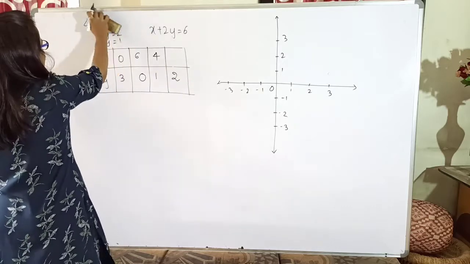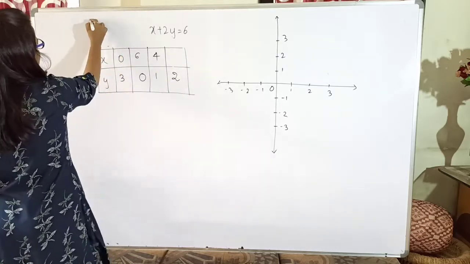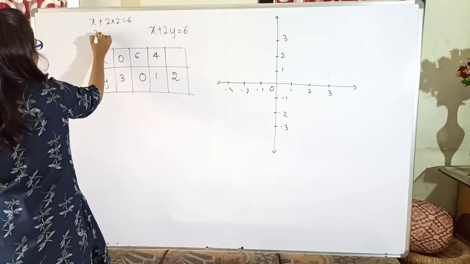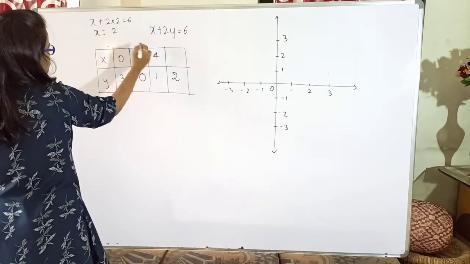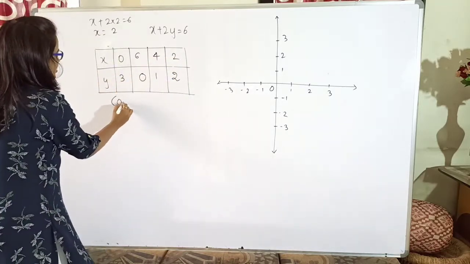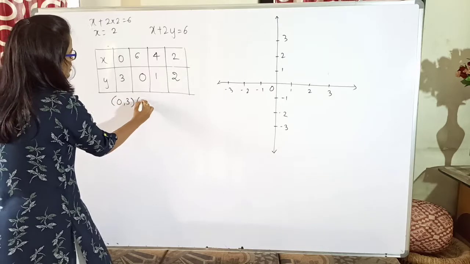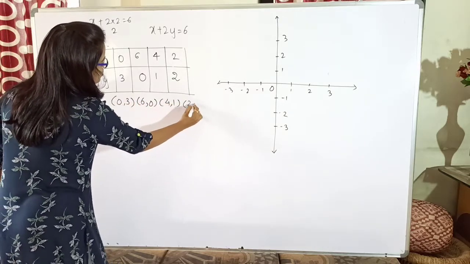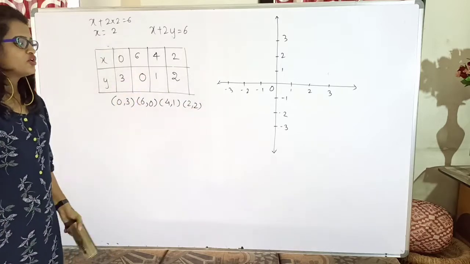You get x plus 2 into 2 equal to 6, therefore x is equal to 6 minus 4, that is 2. So these are the 4 points. By the convention (x, y): (0, 3), (6, 0), (4, 1) and (2, 2). These 4 points I have to plot on my graph.